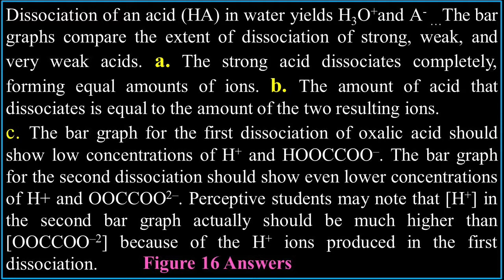Prospective students may note that the H plus in the second bar graph actually should be much higher than the oxalate or the anion without any hydrogens because of the H plus ions produced in the first dissociation. Just to go back and make clear, when you lose one hydrogen off a diprotic acid, let's say the anion is acetate or oxalate, that's the polyatomic ion.